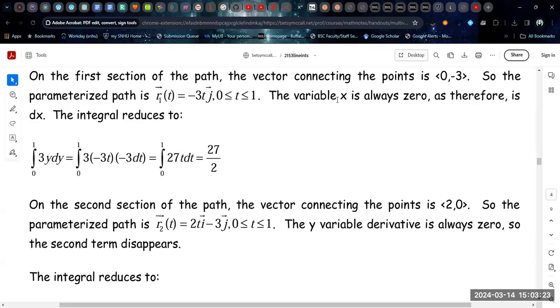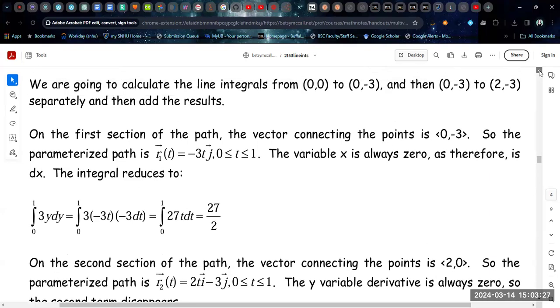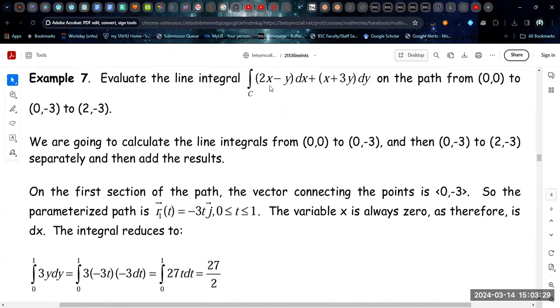So the variable x is always 0. So that's going to simplify our expression. If we go back to our integral, this is always 0, and this is always 0. And moreover, when you take the derivative of 0, you're going to get dx is also 0. And so the only thing you end up having to worry about is the 3y dy.